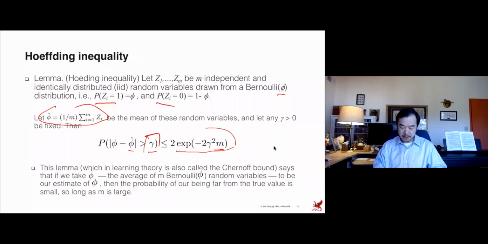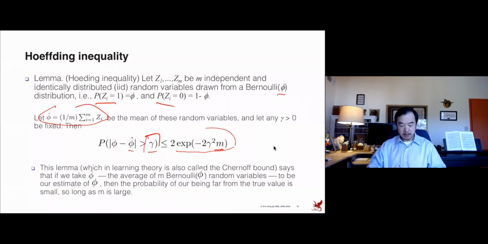If you read this term, you can see that it's kind of intuitive. The larger m is, the more examples you have, the smaller this entire term is, right? Therefore, if you estimate your rate from more examples, then the probability of deviating from the true value will be smaller and smaller.